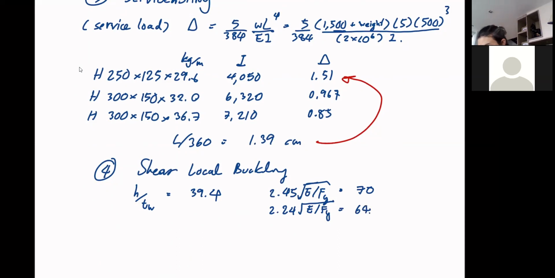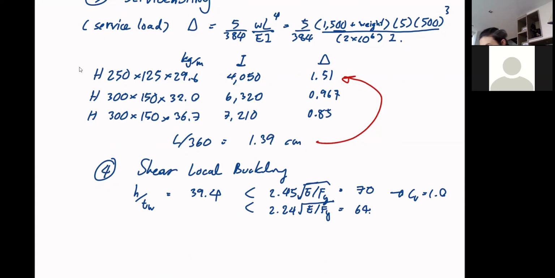So see, this is less than these two values. So you see, your CV is going to be equal to 1. So you're free to use either factor of safety equal to 1.67 or 1.5.